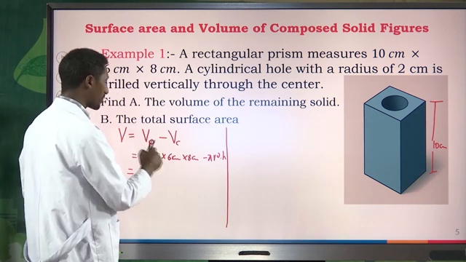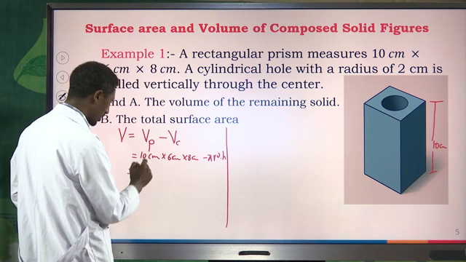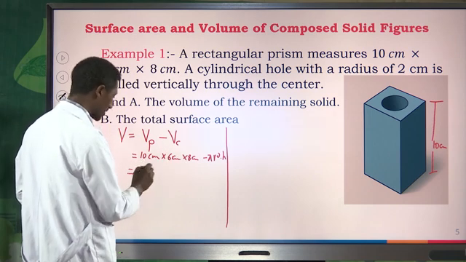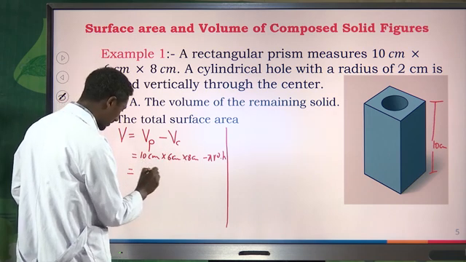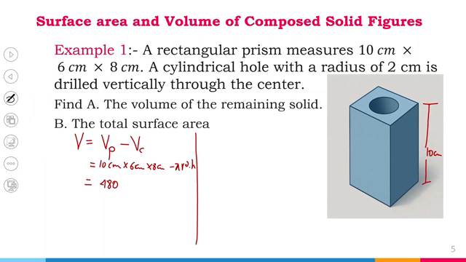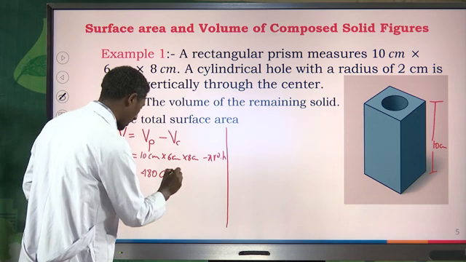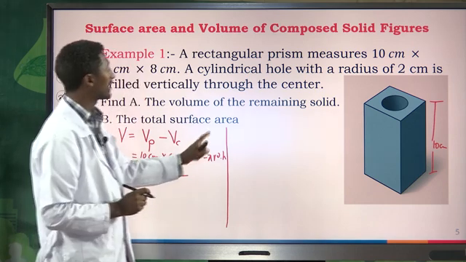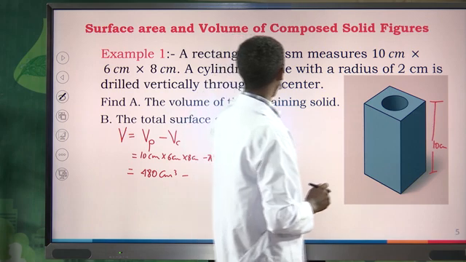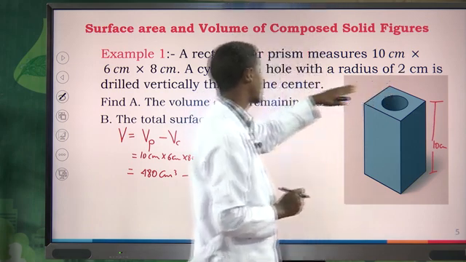So the volume of the prism is equal to 10 times 6 times 8, that is 480 centimeters cubed, minus the volume of the cylinder. The radius of the cylindrical hole is 2 centimeters.